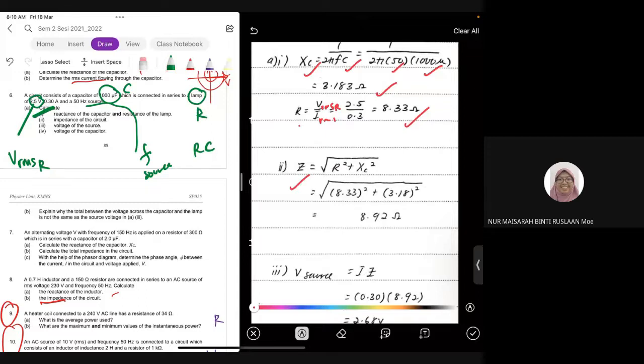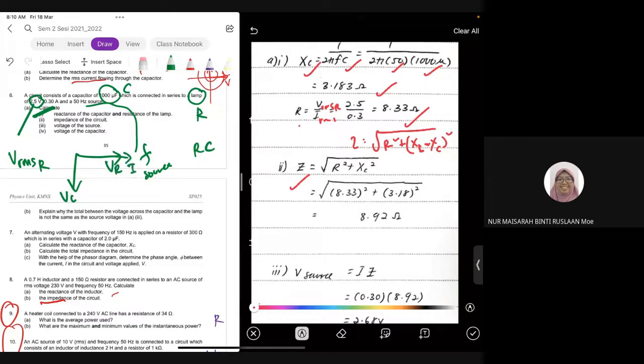So Z equals to R squared. Where do you get it? Actually, Z adalah square root R squared plus XL minus XC squared. Sebab dia adalah RC kan? So RC kalau awak ingat balik, phasor diagram dia adalah cacing dengan rumput rabbit.